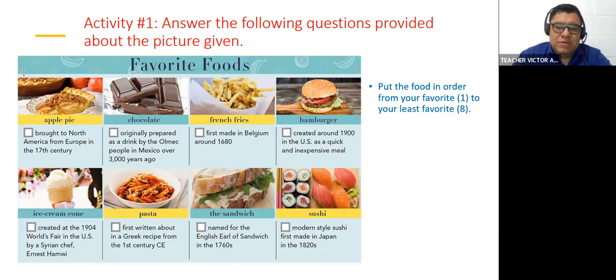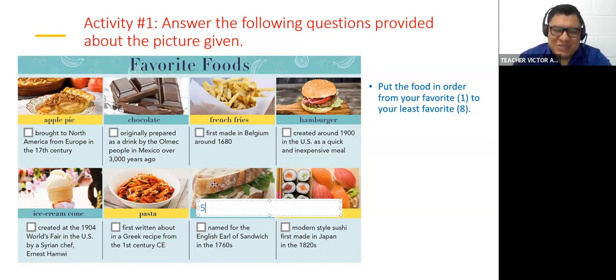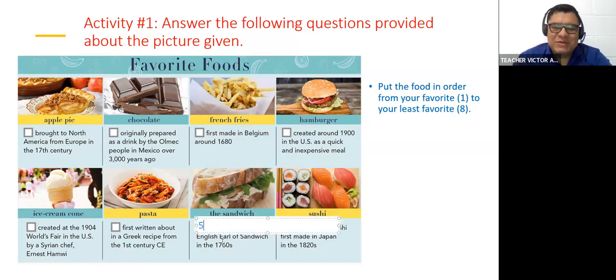But let's see, probably in my case, my number five is the sushi. For me, it's not even an option, honestly. I would say the sandwich. Why? Because I sometimes eat sandwich in the morning, and I'm a little bit bored of eating the same, so that's why.